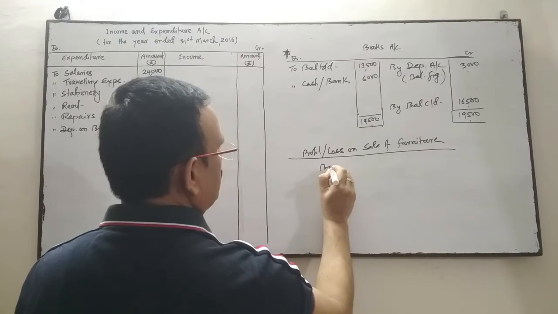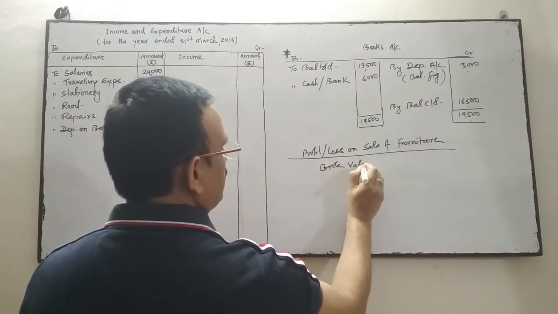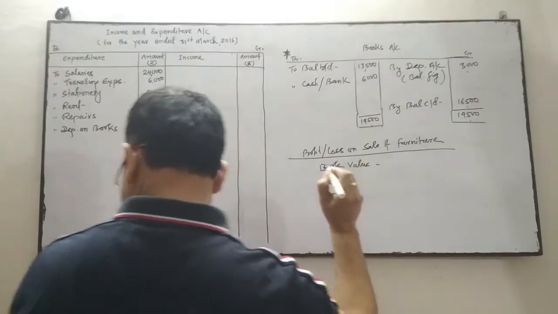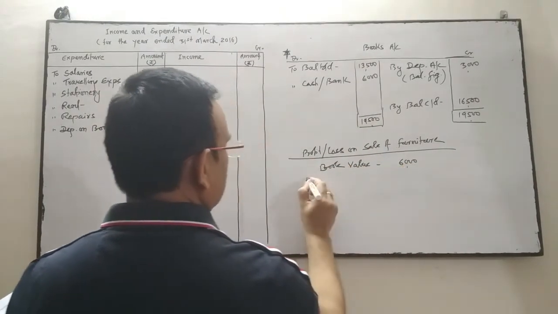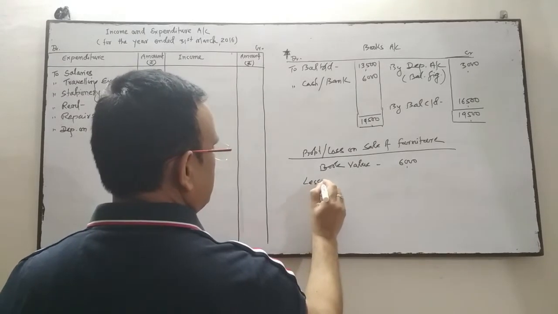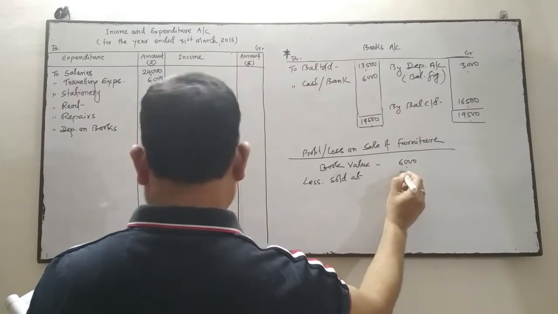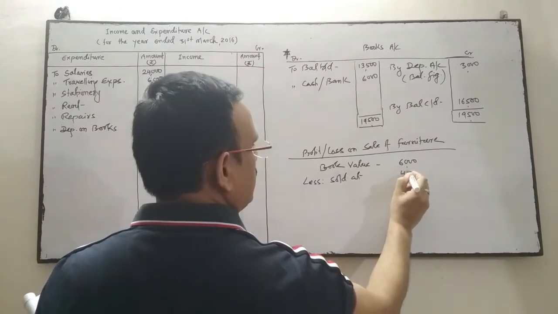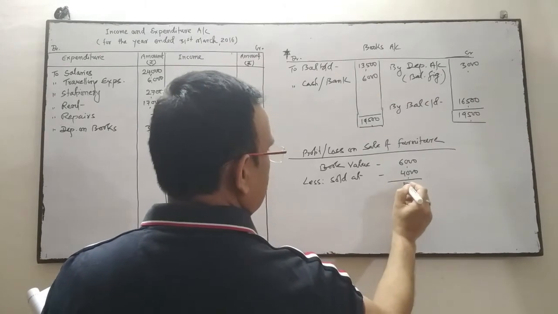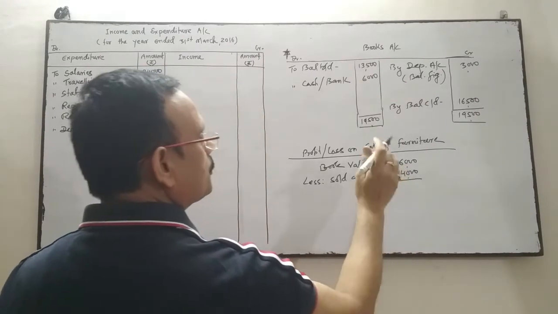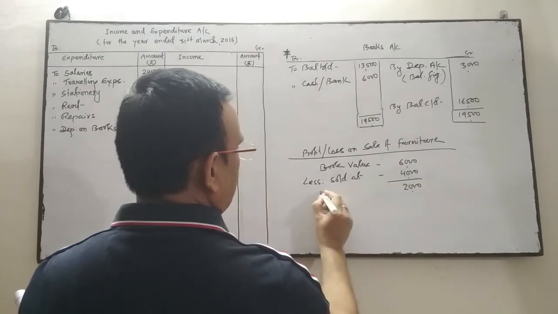Book value of this furniture is 6,000 and it is sold at 4,000. It has given in the debit side of receipt and payment account. So as it is sold lesser than the book value, there is a loss on sale.